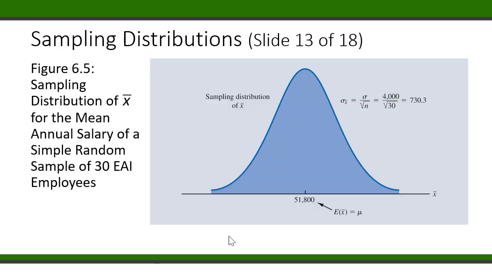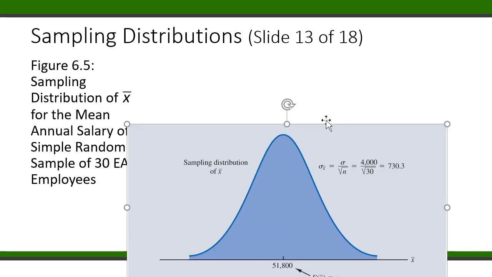Using the data set we've been using as an example, our sampling distribution of x bar and the actual standard deviation is this. One standard deviation is 700, plus or minus 730, two standard deviations is 2 times that, and then up to 3 times that.